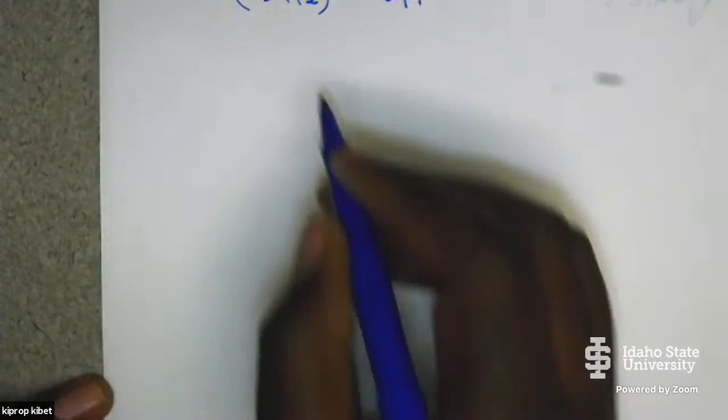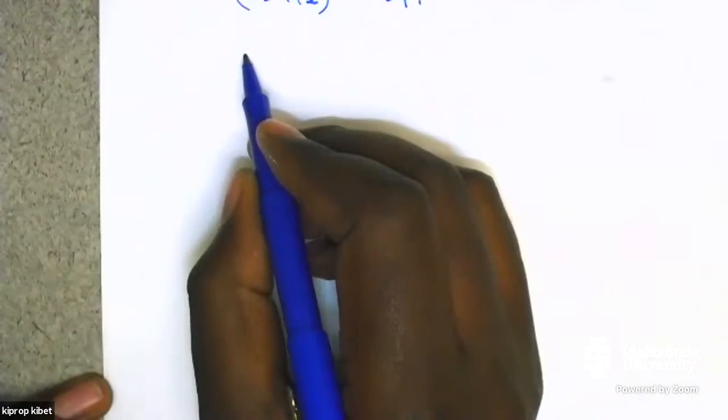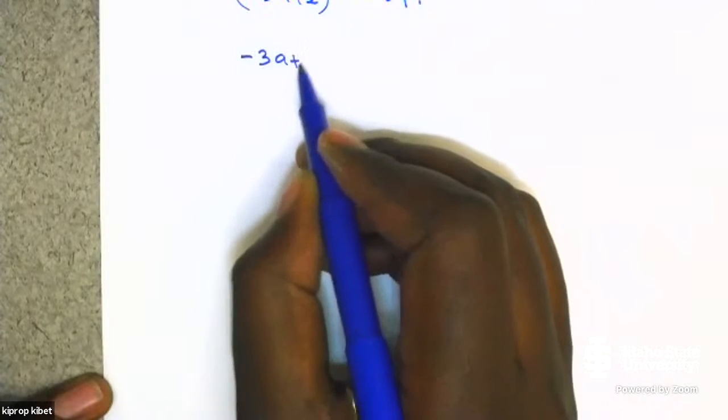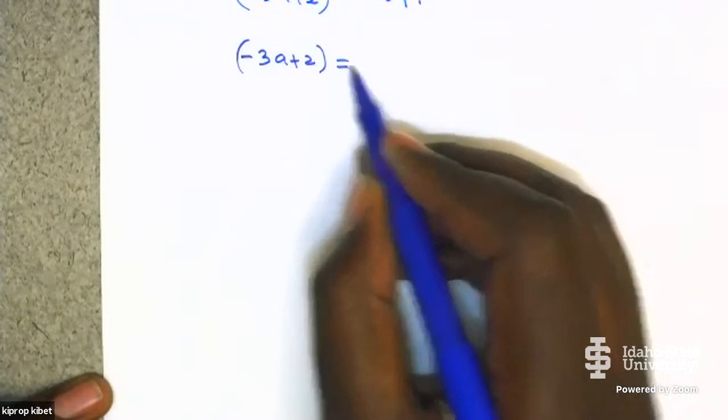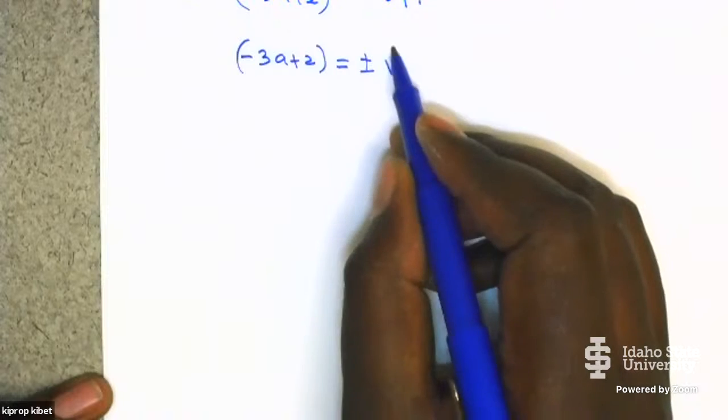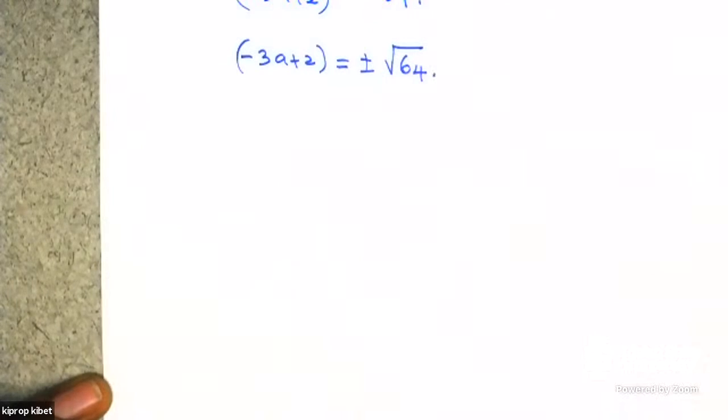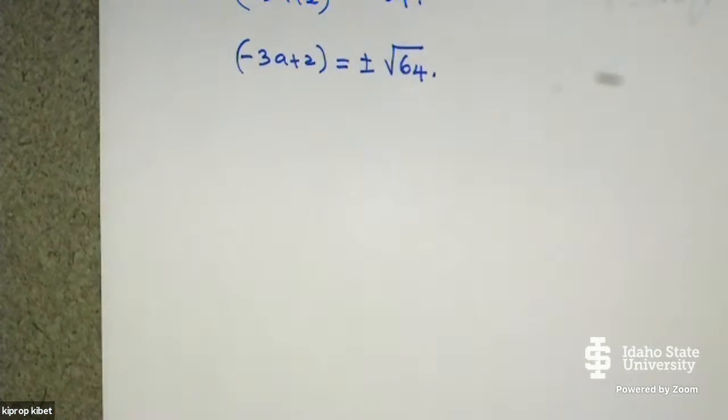So we use the square root property since the exponent is on one side. To remove this exponent using the square root property, negative 3a plus 2 equals plus or minus the square root of 64.